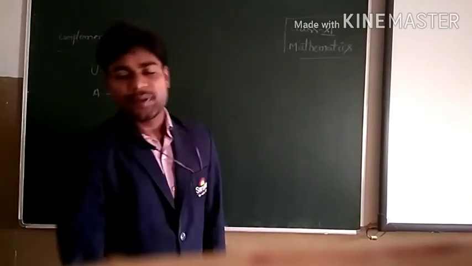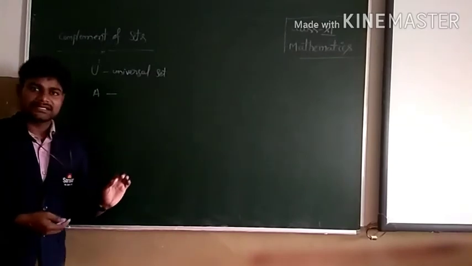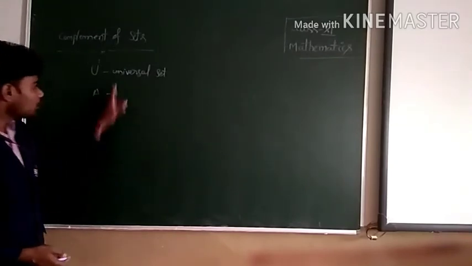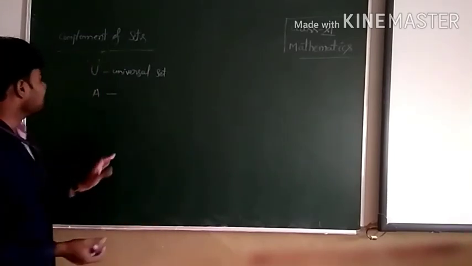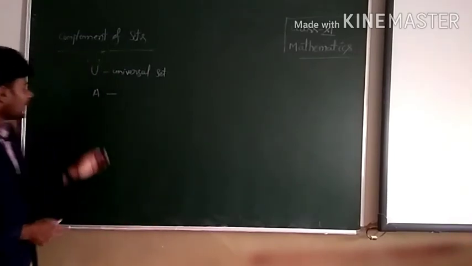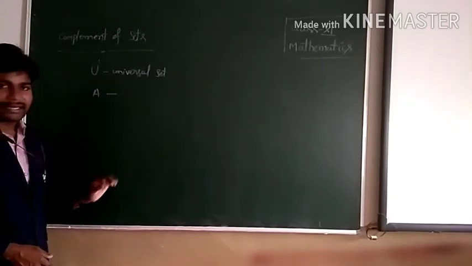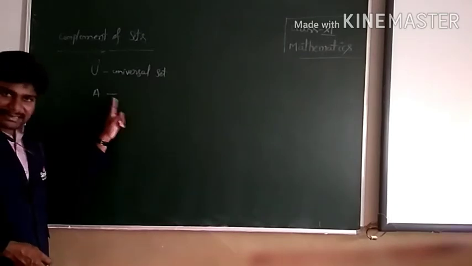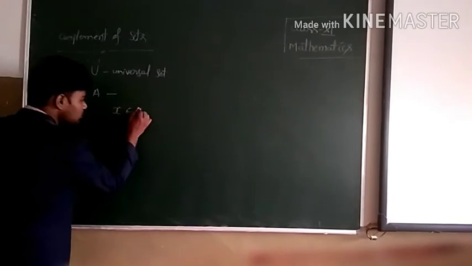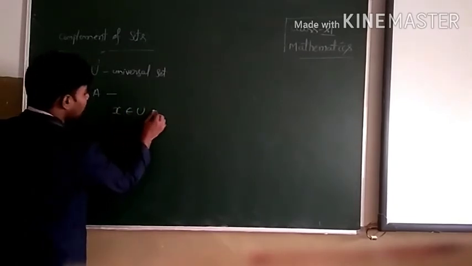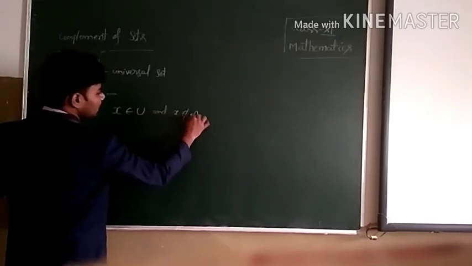Then the complement of A is a set which consists of the elements that belong to the universal set but do not belong to A. Once again, the complement of a set is defined like this: let mu be the universal set and A any other set. Then the complement of A is a set which consists of the elements x that belong to mu only, and x does not belong to A.